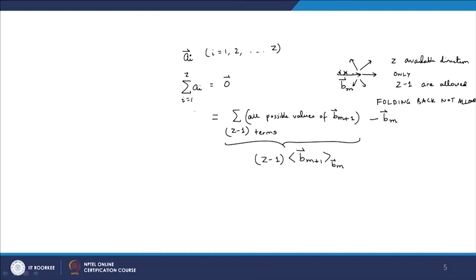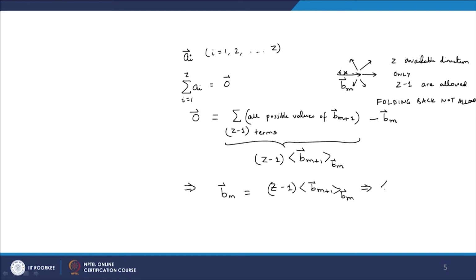So, from this what I can get is that Bm is equal to z minus 1 multiplied by Bm plus 1 for a given value of Bm.